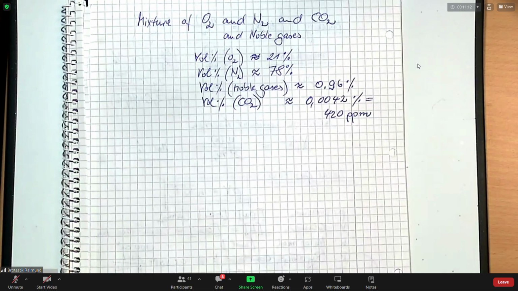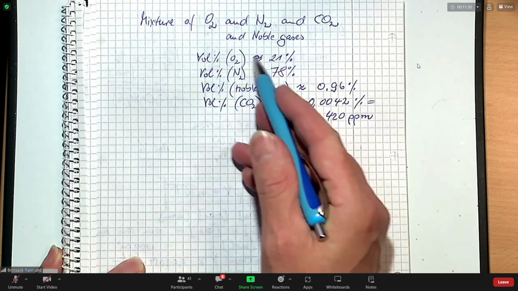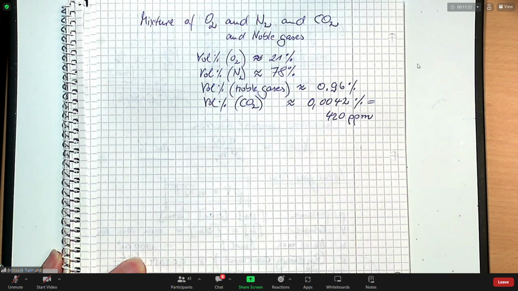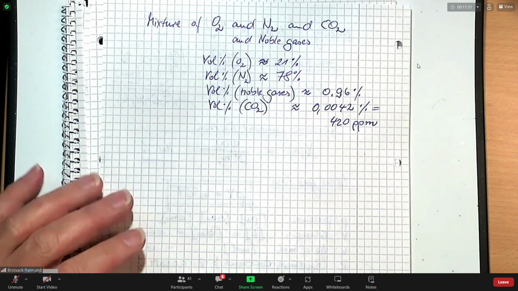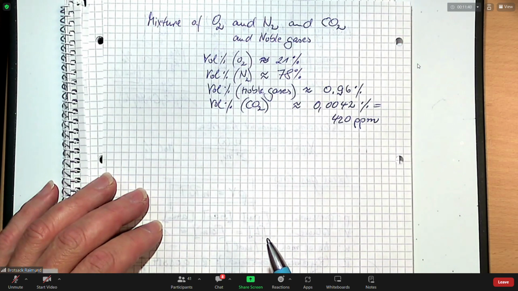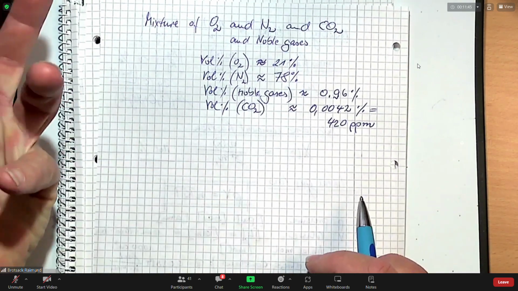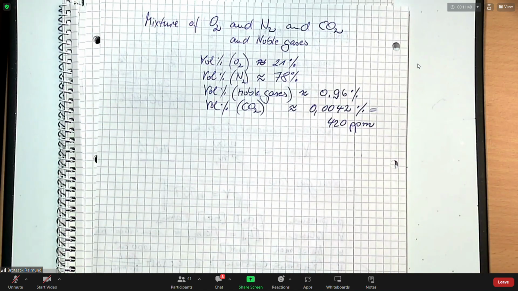So this is our atmosphere, and we have, let's say, one atmosphere, 1 bar pressure, which is the normal conditions. When we have to calculate now the pressure related to the participation of the different gas molecules, then we can say the sum of the pressure for each of them in total is the overall pressure.